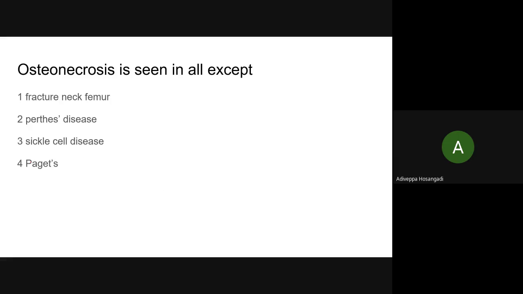Now, please read the choices carefully. Fracture neck of femur, any doubt? Definitely not. It is avascular necrosis of the femoral capital epiphysis, which I told you occurs at 4 to 8 years.